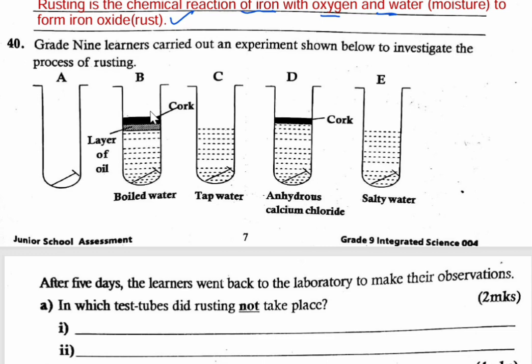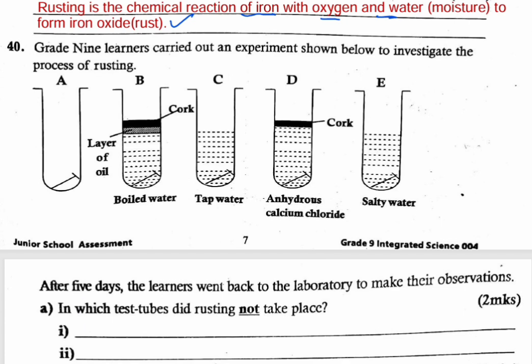So I can say the first test tube is B. I'm going to explain why. So there are 2. The first one is in test tube B, and then the other one is in test tube D. So rusting never took place in these 2 test tubes, that is B and D. And what is the reason? That is the next question.